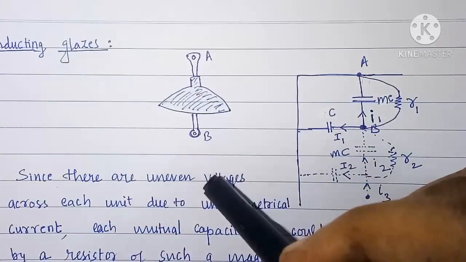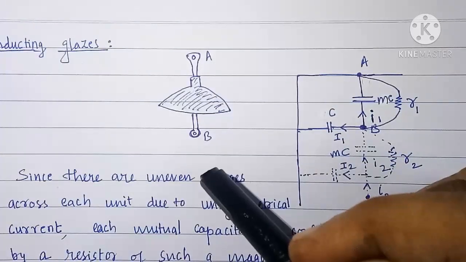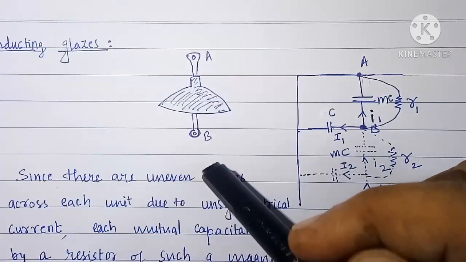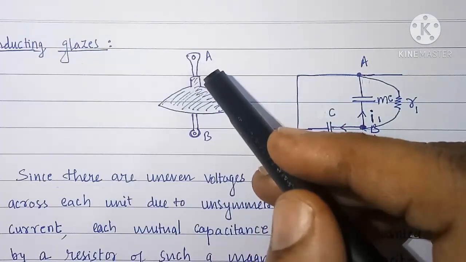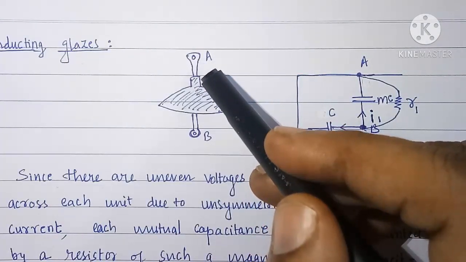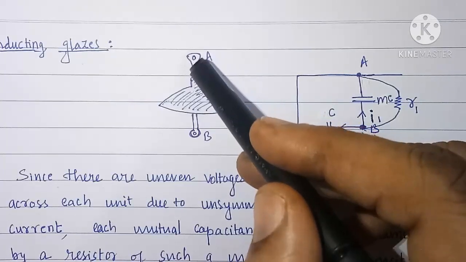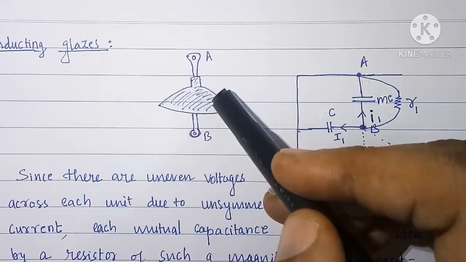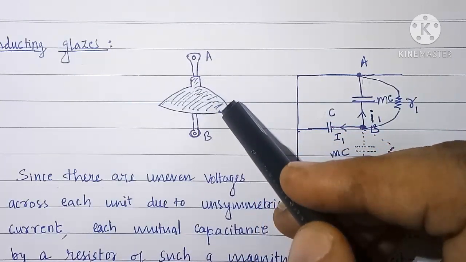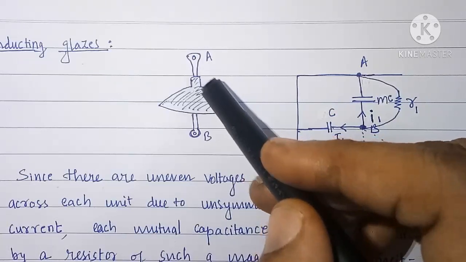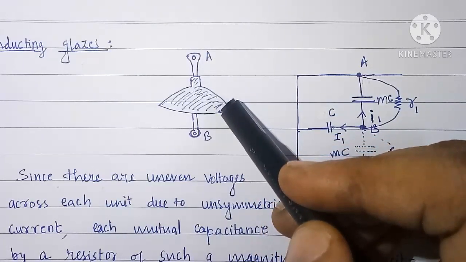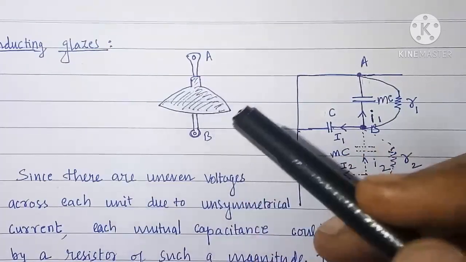That means the current flowing through all the units is made equal by adjusting the leakage current flowing on the surface of the insulator, by providing appropriate resistance by means of glazing.